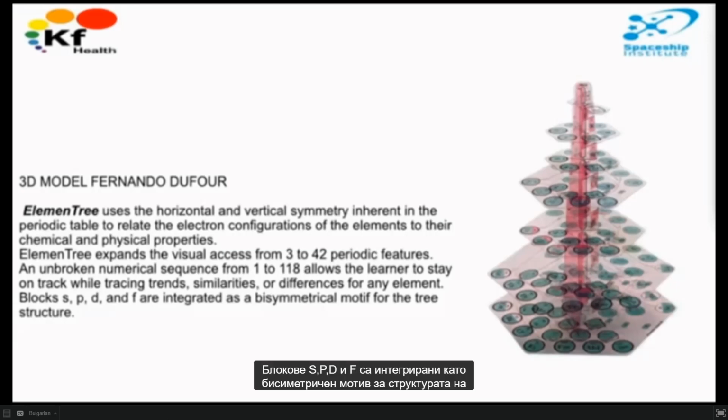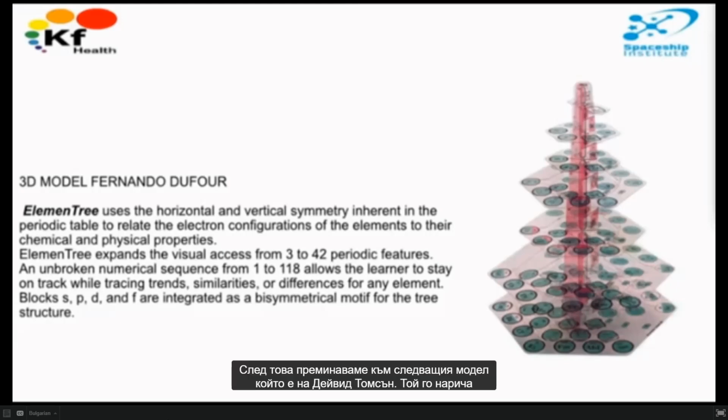Blocks S, P, D, and F are integrated as a bisymmetrical motif for the tree structure. So on that tree you see how on the top of the tree is hydrogen and at the end will be the last element of the group.